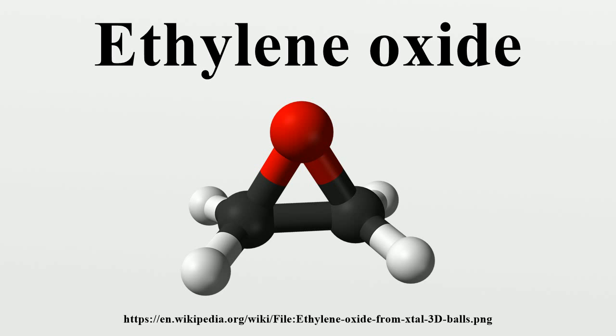O plus C2H5OH gives HOCH2CH2OC2H5. 2O plus C2H5OH gives HOCH2OCH2CH2OC2H5.